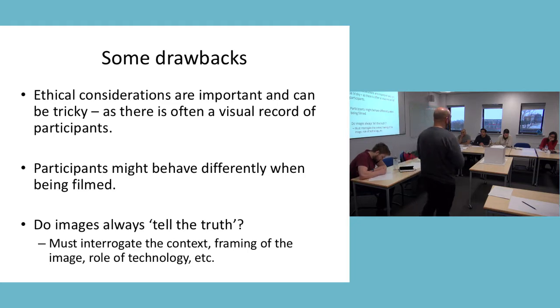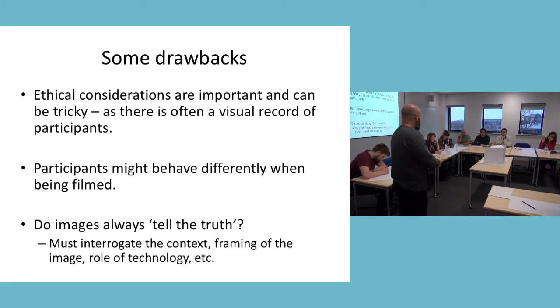And again, if anyone has taken the participant observation session, Katie probably talks a bit about the role of the image. If I show you an image, is it the end of the story? Is this proof of what happened? Or do we need to think about the technology behind the production of the image, the angle, who took it, where it was presented, the context, all of that sort of stuff?